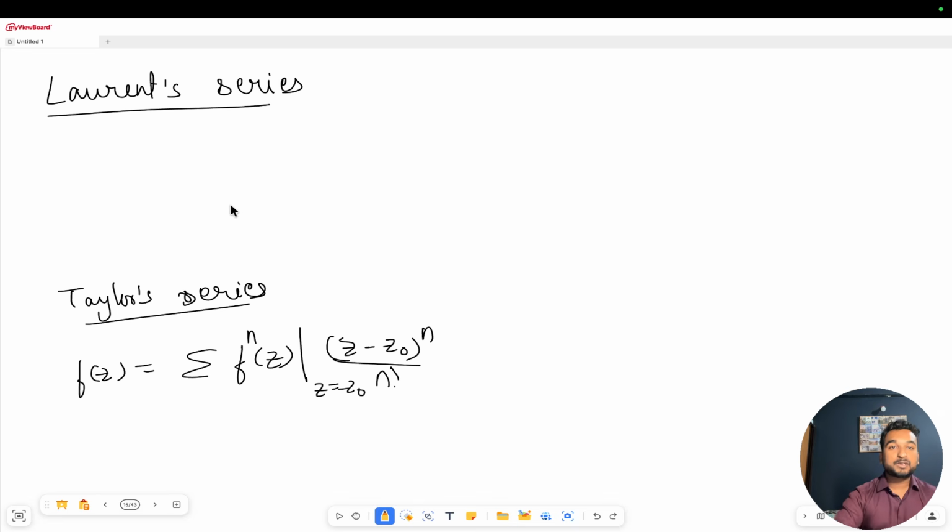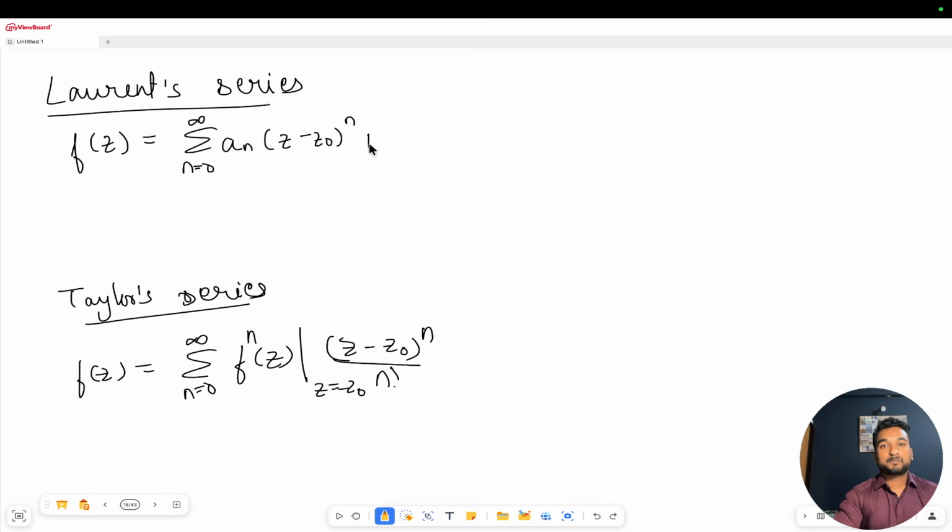Okay, and what is Laurent series expansion? So f of z is equal to the summation from n equals 0 to infinity of an into z minus z naught to the power n, plus the summation from n equals 1 to infinity of bn upon z minus z naught to the power n.